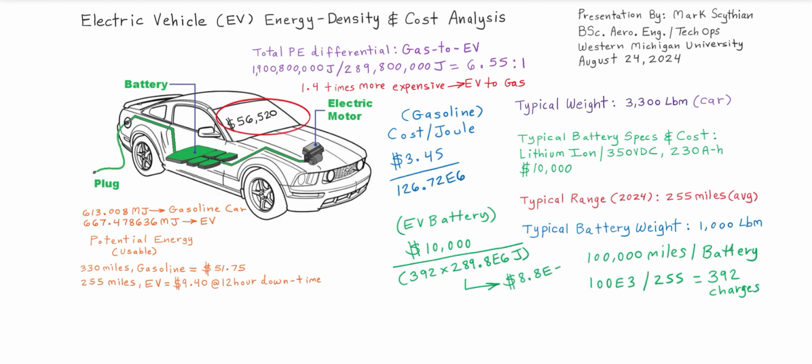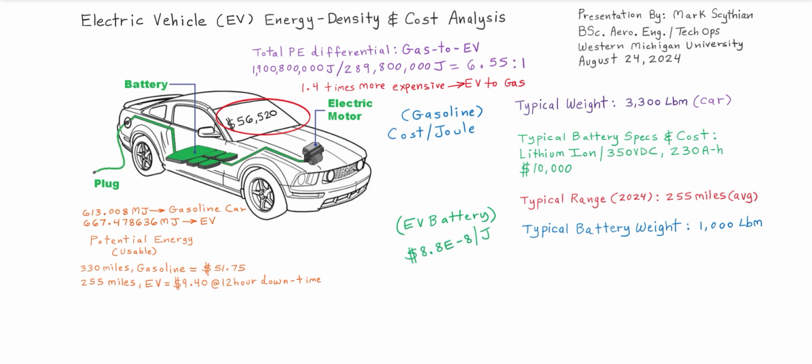So this scales to 8.8 times 10 to the negative 8 power dollars per joule for the EV, and the gasoline comes to 2.7 times 10 to the negative 8 dollars per joule. So we have to go dollars per joule.